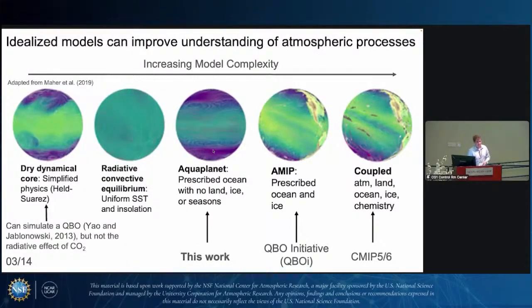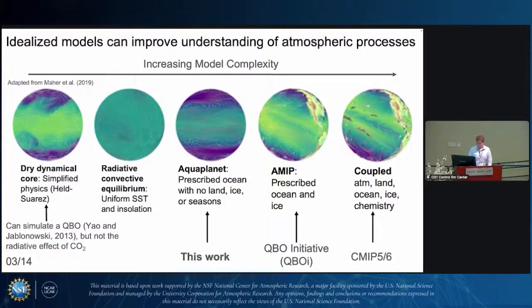Considering this disagreement among fully coupled climate models, it can be useful to use an idealized model to improve our understanding of atmospheric processes and to better identify these cause and effect relationships between, for example, a CO2 radiative forcing and ultimate changes in the QBO. I've shown a list of climate models in order of increasing model complexity, starting on the left with a dry dynamical core, which would simply use a simplified physics scheme, maybe a relaxation towards a prescribed temperature profile.